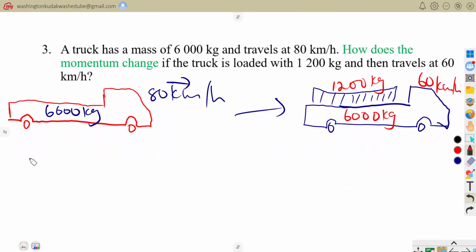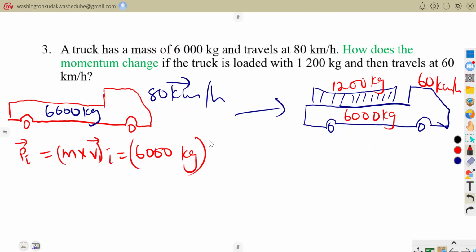We need to find the initial momentum. The initial momentum is given by the mass times the initial velocity. What is the mass there? 6,000 kgs. And then the velocity.